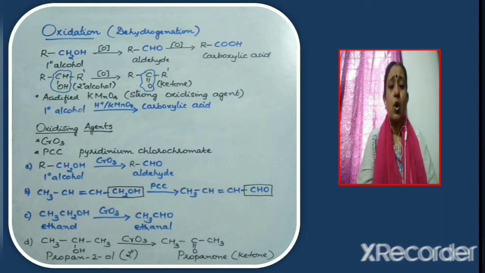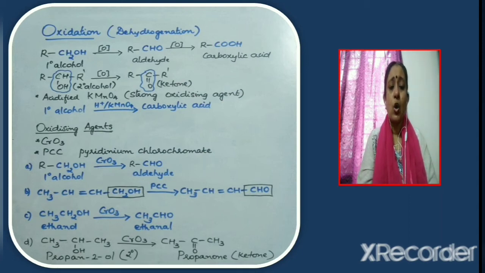A secondary alcohol RCHOHR' on oxidation gives a ketone RCOR'. This ketone can be oxidized only under drastic conditions, or it is very difficult to oxidize a ketone, and if oxidized it gives a carboxylic acid with fewer number of carbon atoms.